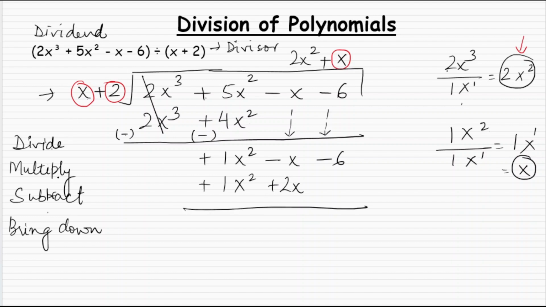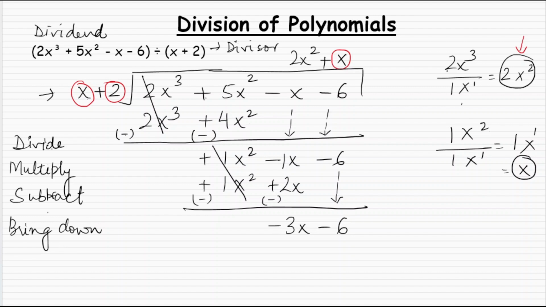Divide, multiply, we did it. Now subtract. Change the signs. Plus 1x square minus 1x square cancel, 0. Minus 1x minus 2x, minus 1 minus 2, minus 3x. And now again bring down this minus 6.